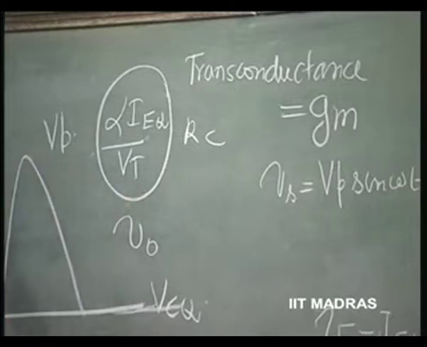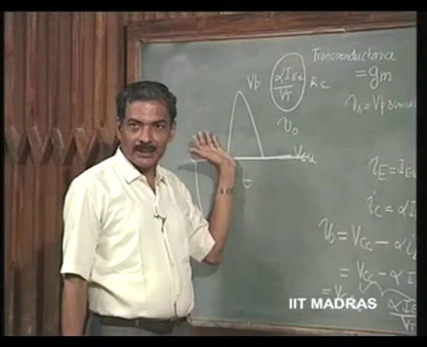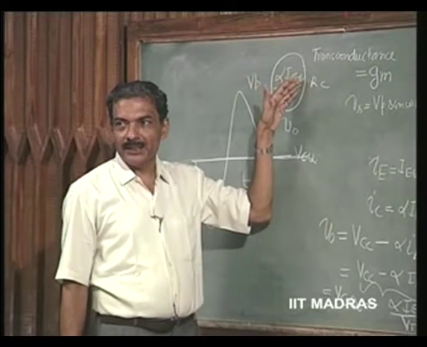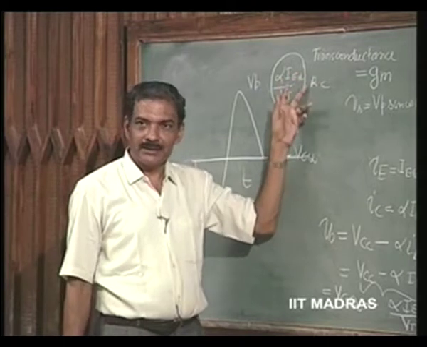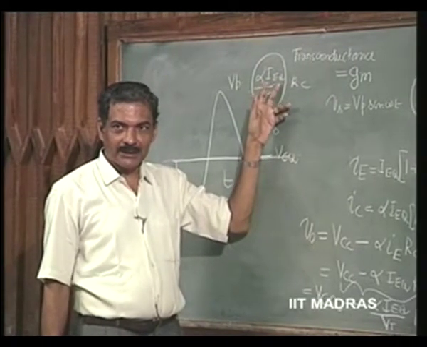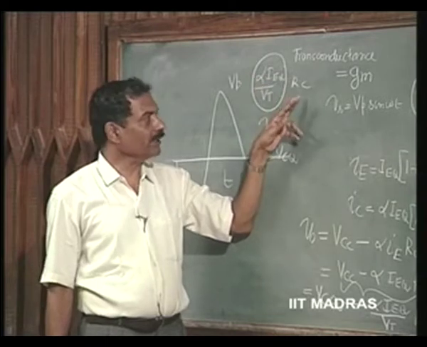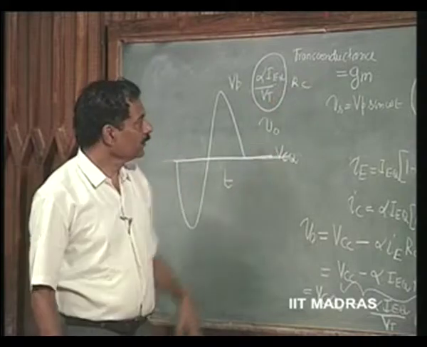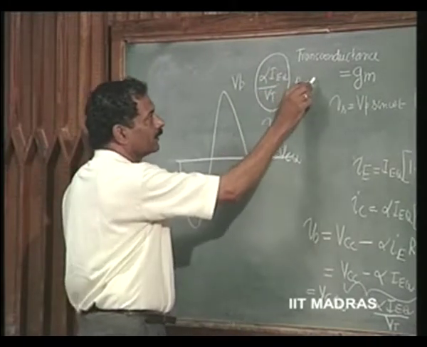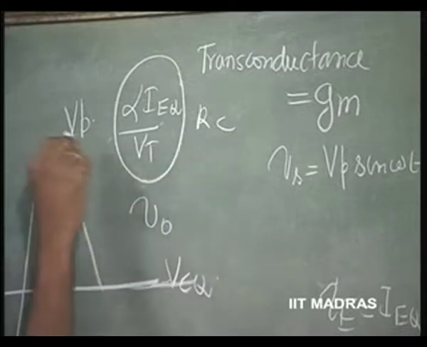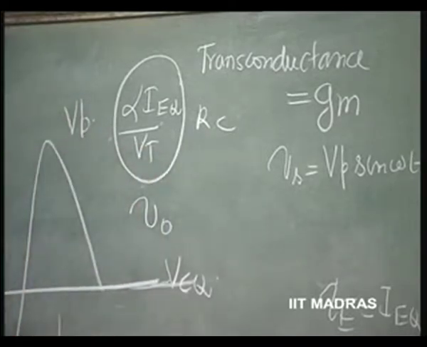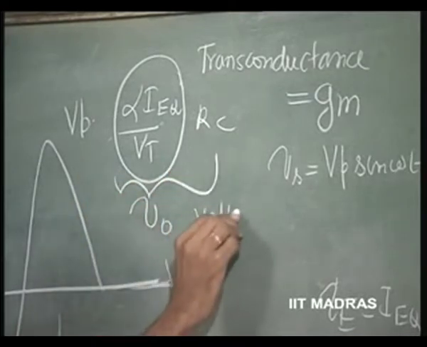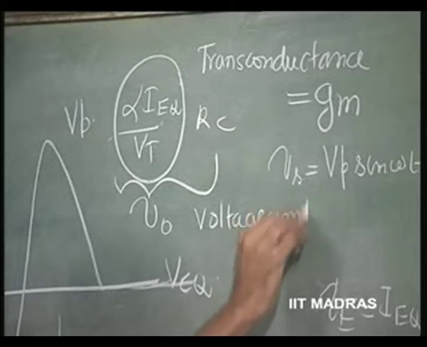Transfer, because for an input change in signal Vi, there is going to be an output change in current, and because of that change in current passing through RC, the amplification factor arises. So, Gm into RC into Vp is the thing. Vp was the input and this factor is called the voltage amplification.